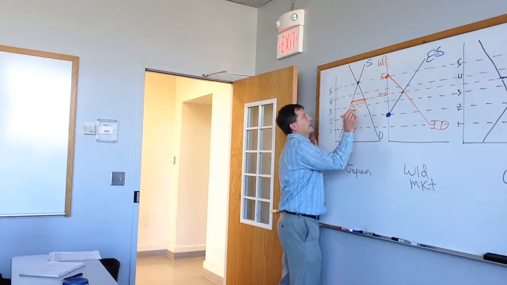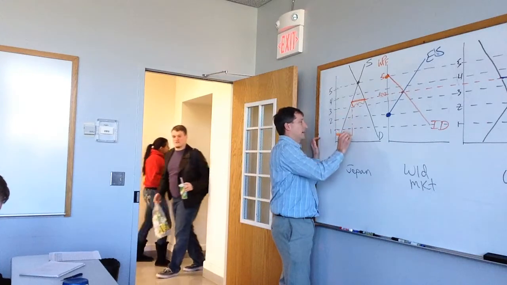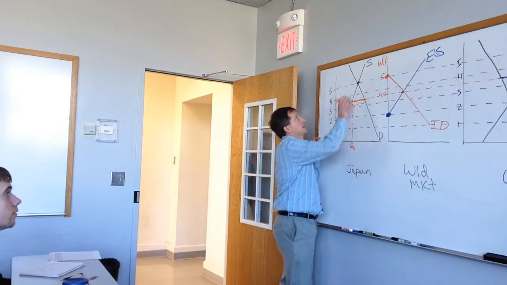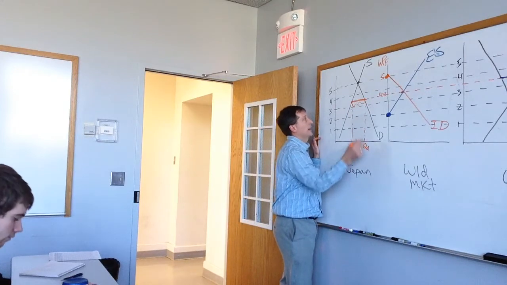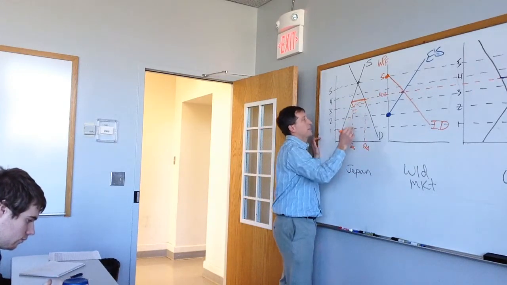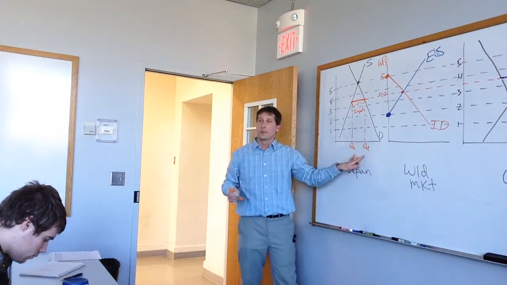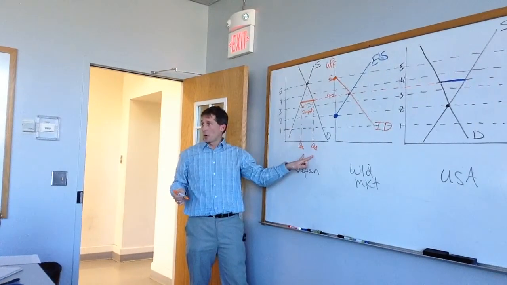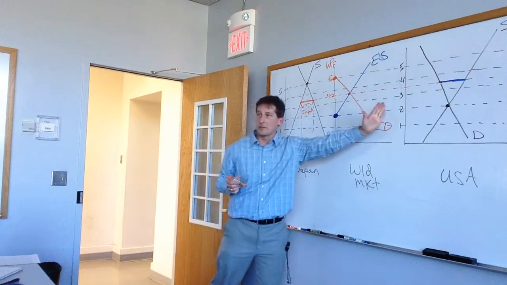So here's the amount. This horizontal distance again is the difference between the quantity supplied by Japanese suppliers and the quantity demanded. And this ends up being the amount of imports, because otherwise there'd be a shortage. So instead of there being a shortage like we learned in micro class, those of you who had it, we're just going to buy that from the rest of the world.